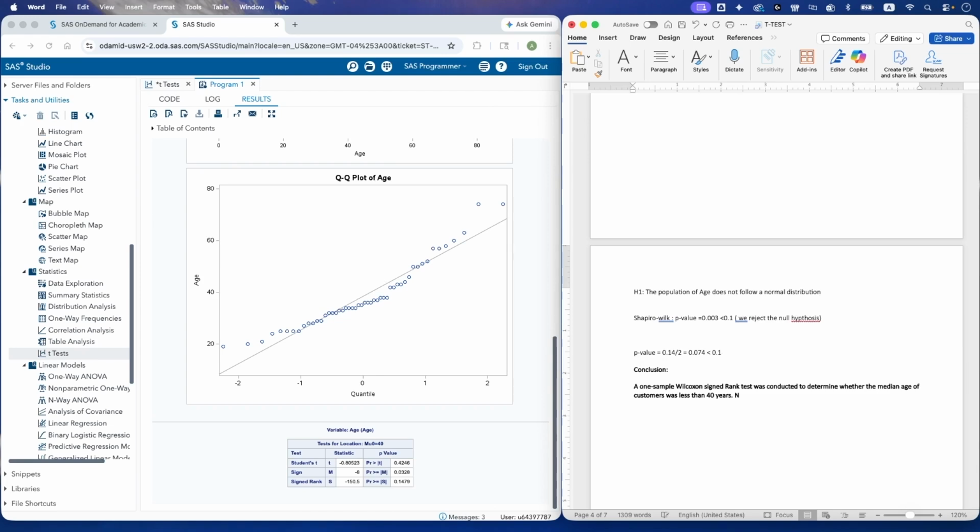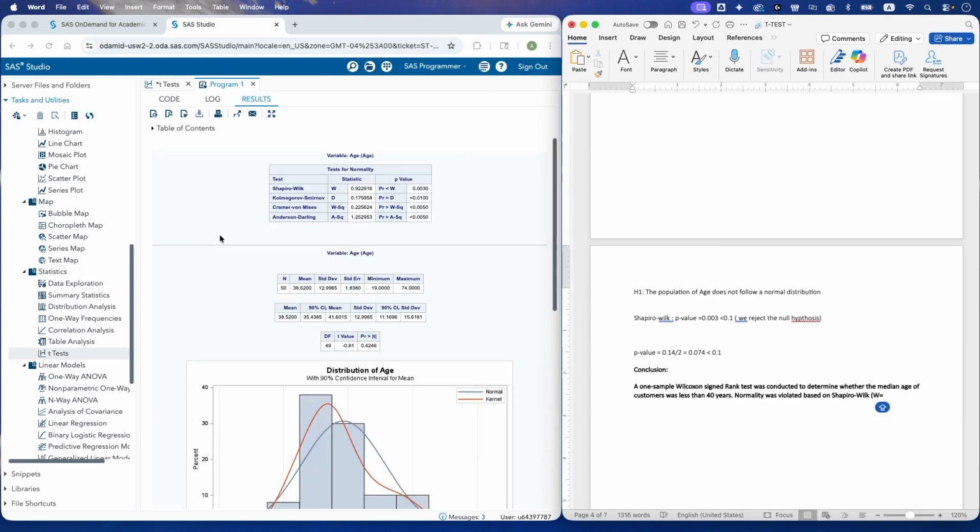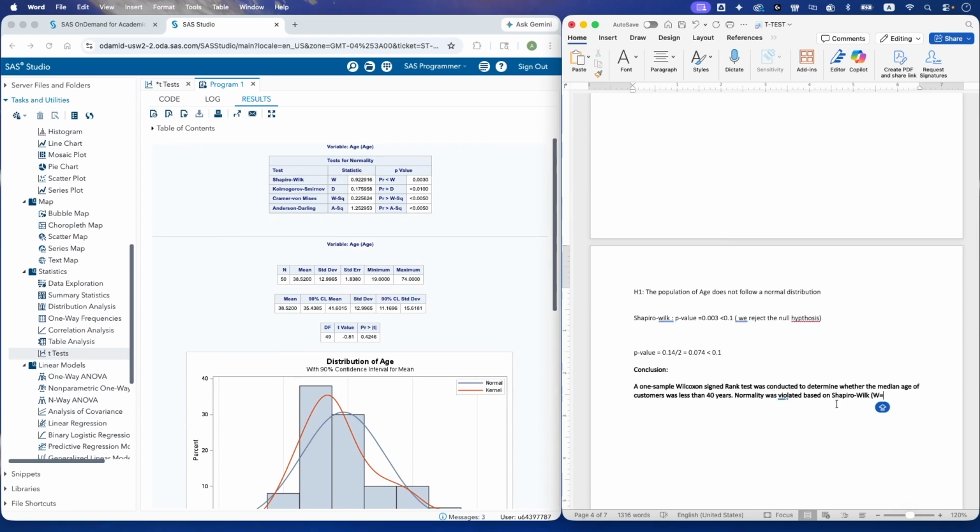So we can say that normality was violated based on Shapiro-Wilk. W was 0.9. The Shapiro-Wilk statistic takes values from 0 to 1. Closer to 1 is normally distributed, closer to 0 is not. The p-value was 0.003.